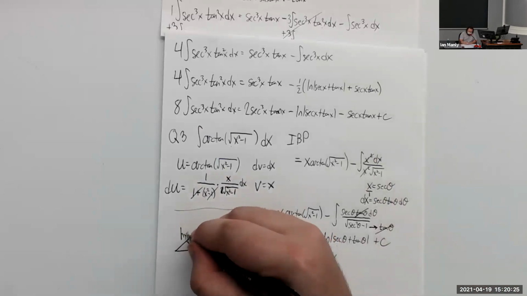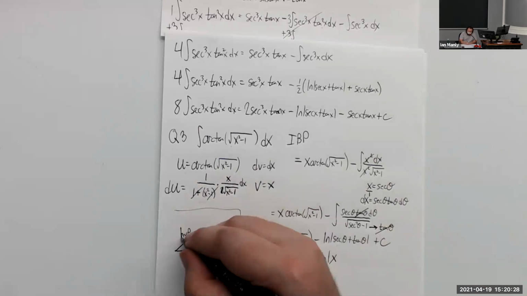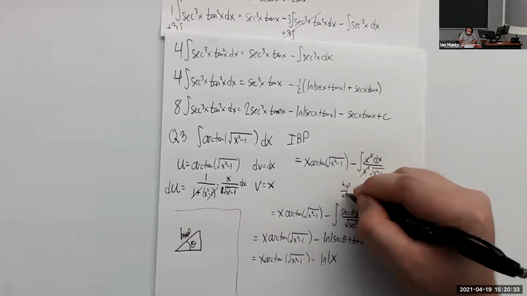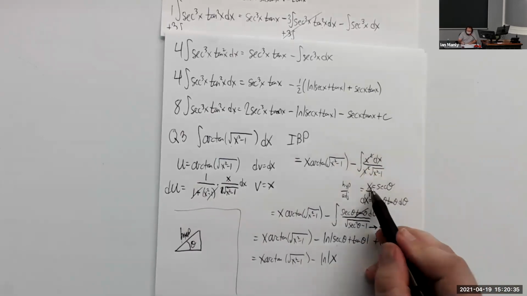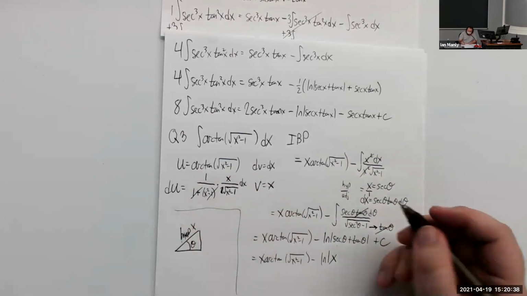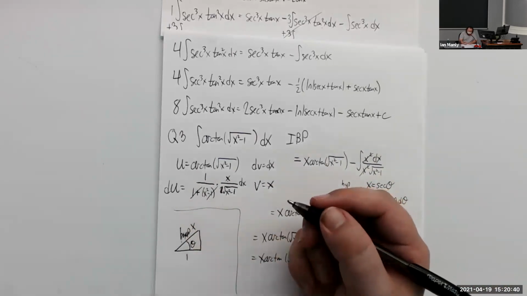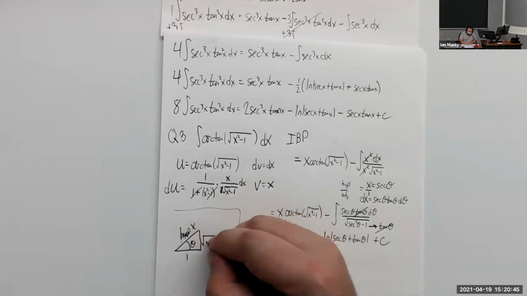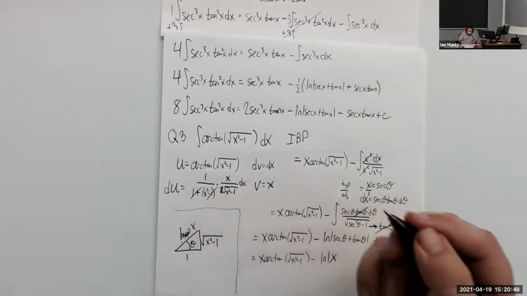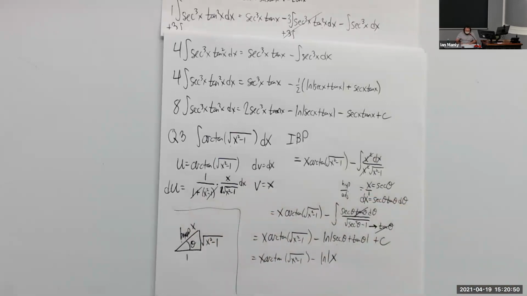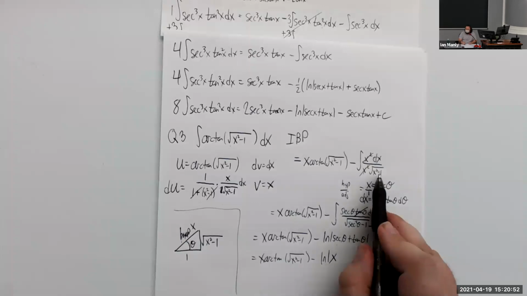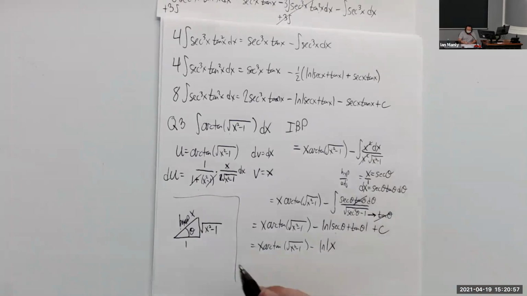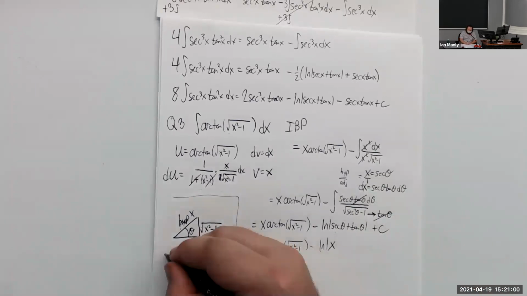It's going to be hypotenuse over adjacent. Yeah, we have hypotenuse over adjacent. So my x is going to go in the hypotenuse slot. 1 is going to go on the adjacent. And then when I use the Pythagorean theorem, long story short, I'm going to have the square root of x squared minus 1 over here. And remember, that's a good sign because we want it to show up in our original integral, and it does. So tangent is opposite over adjacent, right?